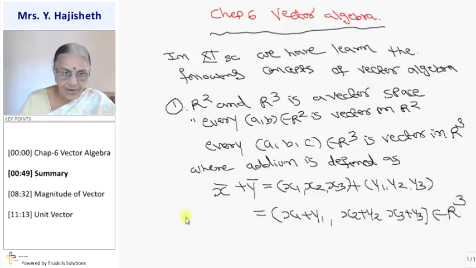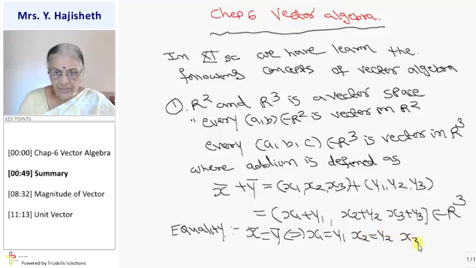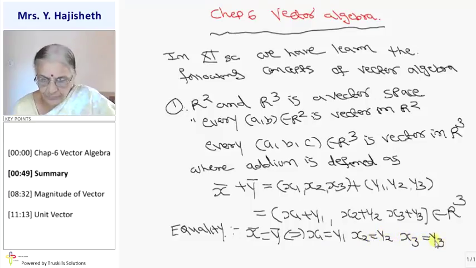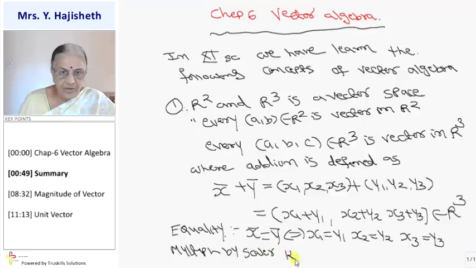How do I define equality of vectors? Vector x is equal to vector y if and only if the first entry is equal to the first entry, the second entry is equal to the second entry, and the third entry is equal to the third entry of both vectors. This is the definition of equality. And multiplication by scalar: if k belongs to R, then k times vector x is defined as (kx1, kx2, kx3).